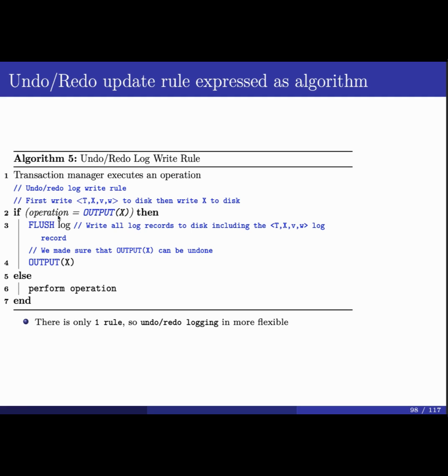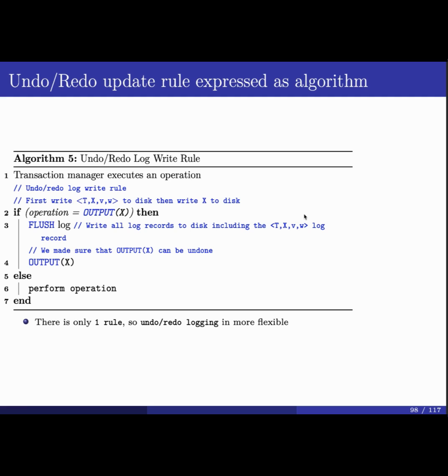So here you start: if the operation is output X, where the transaction tries to modify the database element, we need to make sure we write all the log entries to the disk, including T, X, V, and W, the old and the new value. In other words, whatever you have in the log entry stored in main memory, you have to store to disk before you modify any database element, which makes sense.